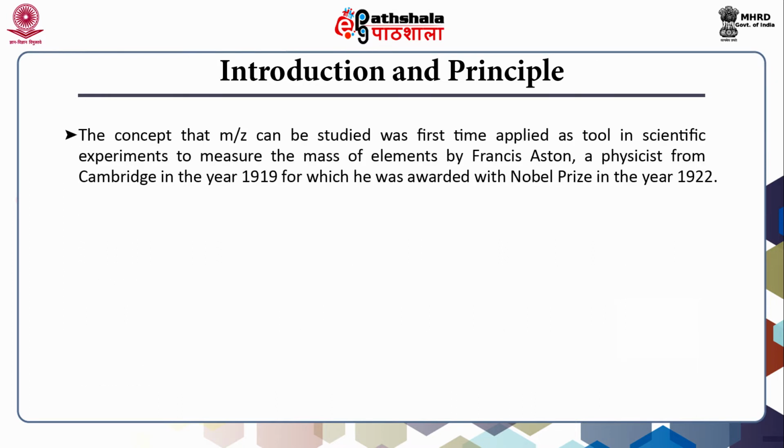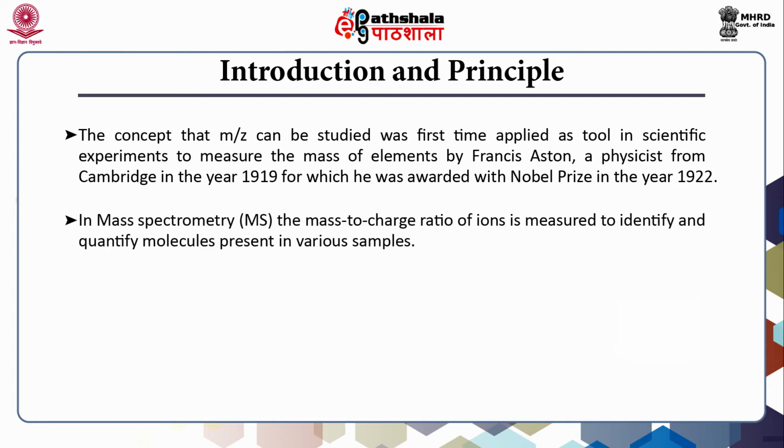The concept that M/Z can be studied was first applied as a tool in scientific experiments to measure the mass of elements by Francis Aston, a physicist from Cambridge, in the year 1919, for which he was awarded the Nobel Prize in the year 1922. So, in mass spectrometry, the mass to charge ratio of ions is measured to identify and quantify molecules which are present in various samples.